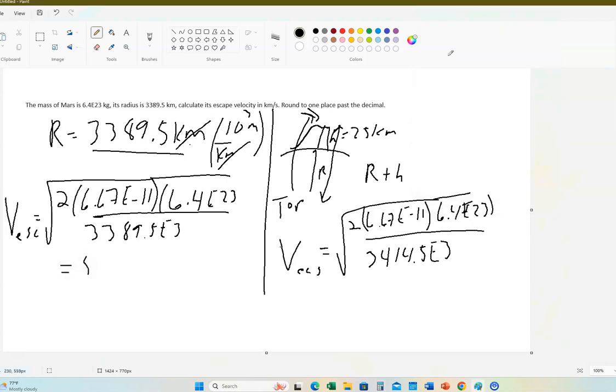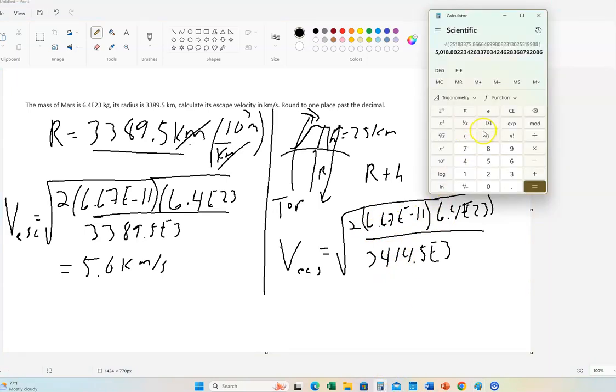All right, so this would be 5.0, because it tells me to round one place past the decimal. 5.0 kilometers per second. All right, so let's do this one on this side. Remember I already stored the numerator of this, so that's going to make my life a little bit simpler.